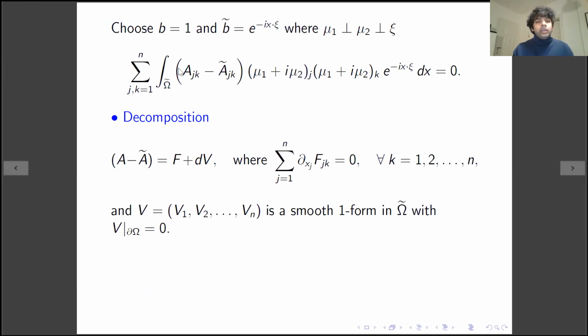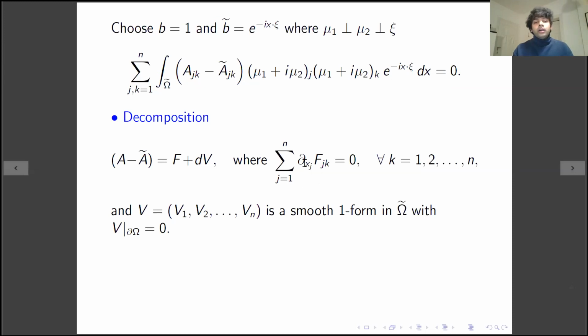Then we end up with simply the Fourier transform of A minus A tilde. And we have these factors, this mu1 plus i mu2 and mu1 plus i mu2, indexed by j and k. Then we put the decomposition for a second order tensor. Any second order tensor we can decompose into two parts. One is f plus dv, where f is the divergence-free part, for each row and column.